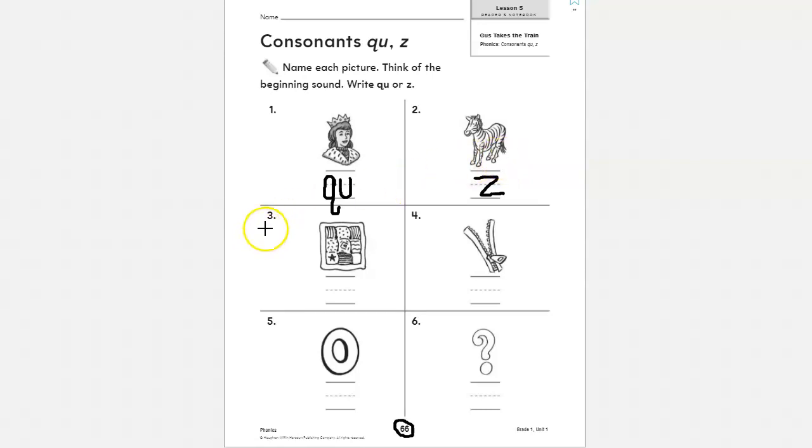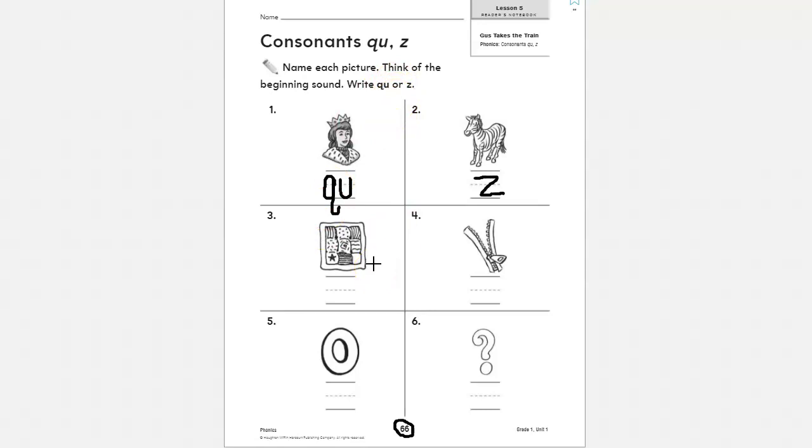Let's look at number 3. We talked about this word earlier. This looks like a blanket, but it is called something else. Do you remember what that word was called? This was called a quilt. A quilt. Does the word quilt begin with the qu or the z sound?